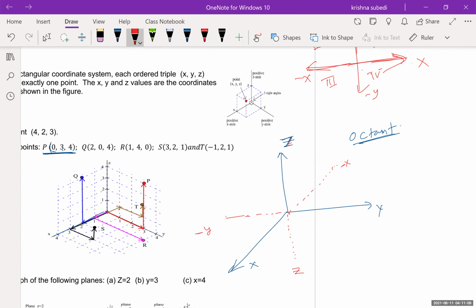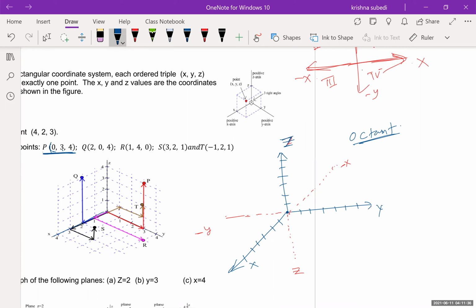Now, if you want to plot point P, P is 0, 3, 4. So X is 0. Let me just mark 1, 2, 3, 4, 5, 6 on each axis. Okay. So in order to plot point P, X is 0 means it's right there. And Y is 3 and Z is 4.